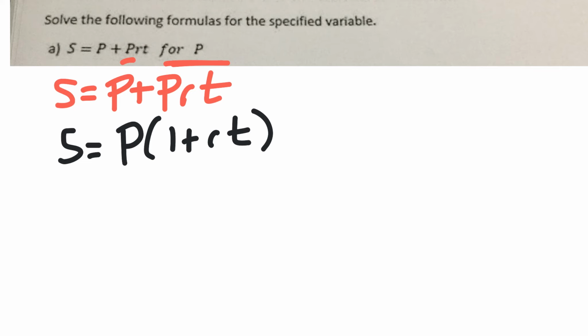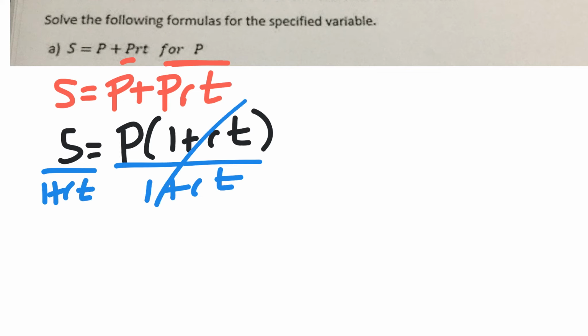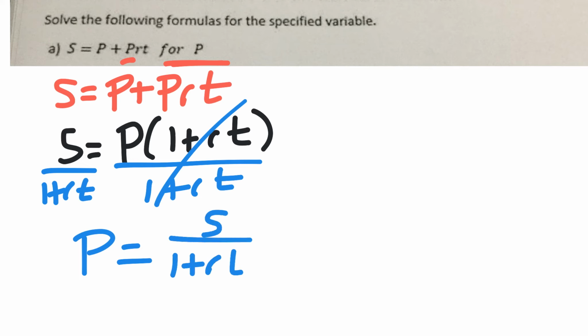Now if I want to get P by itself, much simpler. P is being multiplied by 1 plus RT, so I'm going to divide by 1 plus RT on both sides. So that tells me, flipping my equation, P equals S over 1 plus RT.